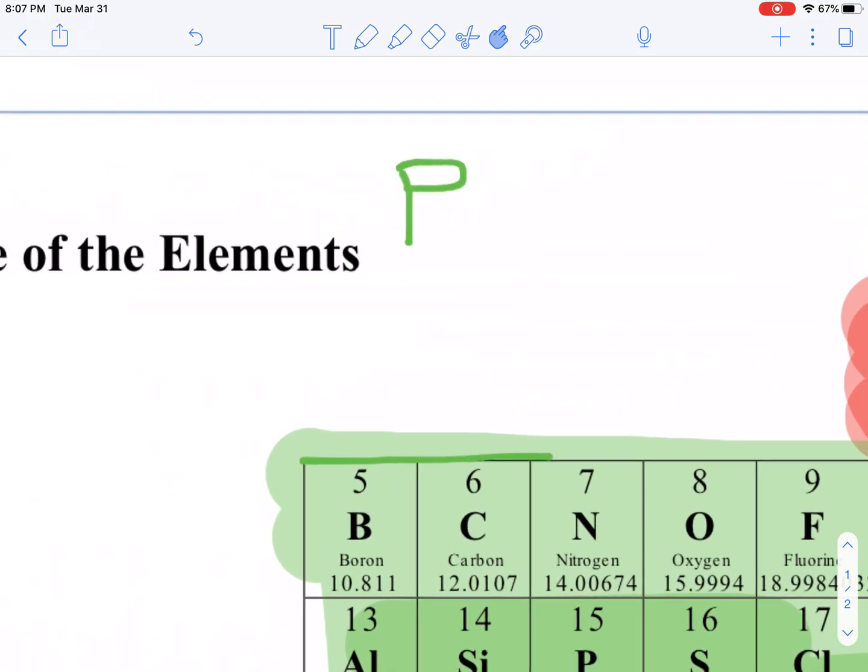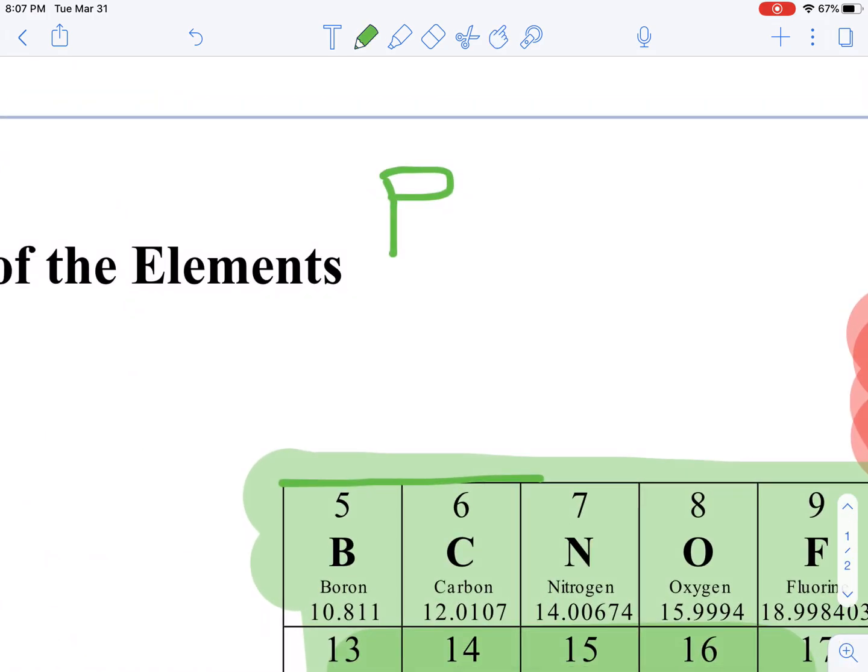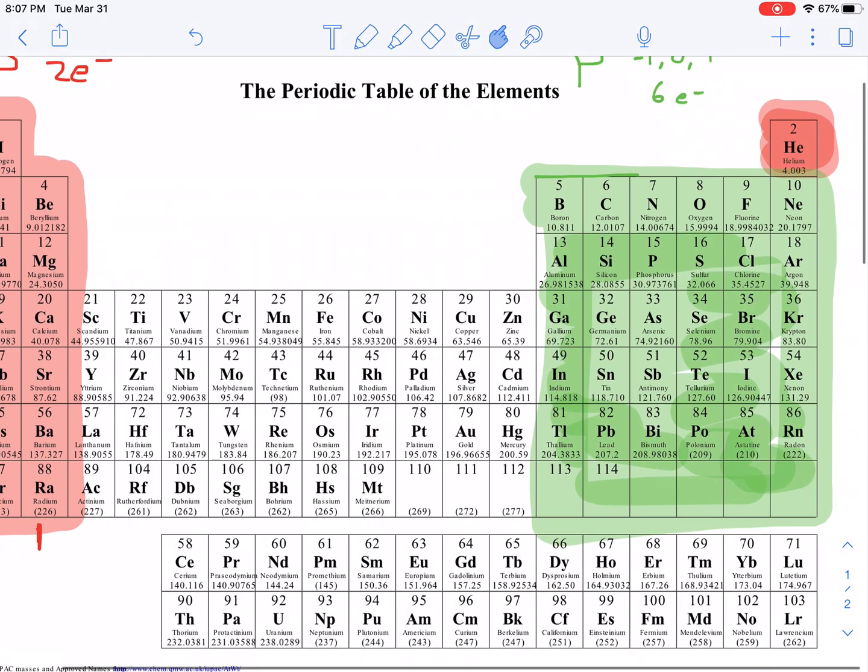Remember that P has numbers -1, 0, and 1. Therefore, if every one of those can hold 2 electrons, we have a grand total of 6 electrons. And, check it out, how many columns do you see? 1, 2, 3, 4, 5, 6 columns.